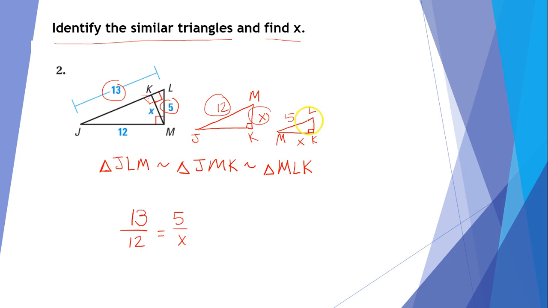I just did the smaller triangle so we can identify the three similar triangles. But here we have the ratio set up that we need, and now solve for x. So cross multiply, we get 13x equals 60. And now solving for x, got to divide both sides by 13, so we get 60 over 13 as our solution. And we're done with that one.